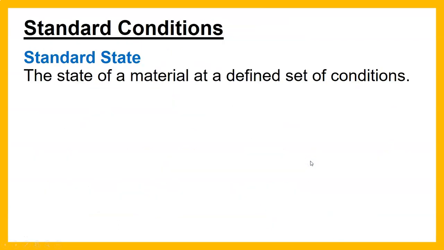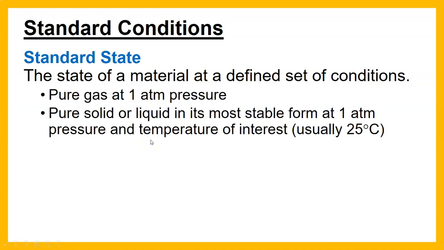One thing that's important to know is that we use a term called standard state. So the standard state is the state of a material at a defined set of conditions. The standard state for a pure gas would be 1 atmosphere of pressure. For a pure solid or a liquid, it would be whichever form is most stable at 1 atmosphere of pressure and whatever temperature we're interested in, which is typically 25 degrees.